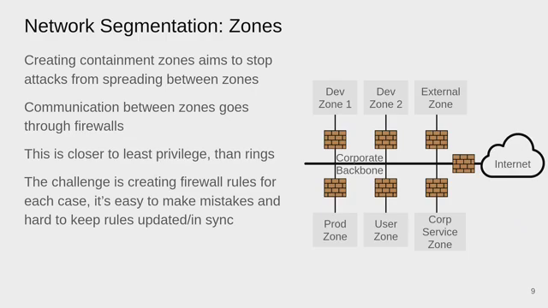The key challenge here is creating firewall rules for each case, as it's extremely challenging to keep everything correct, updated, and then continuously synchronized with all the changes and mutations that are happening inside the company. And this is almost full-time work. You need to clearly document all the different zones, all the different connections, and then put an effort into keeping all of this in sync as you go along.